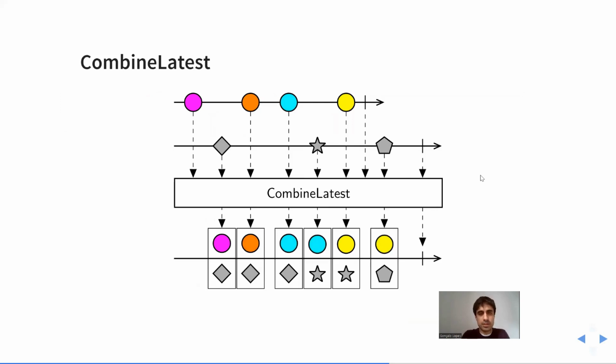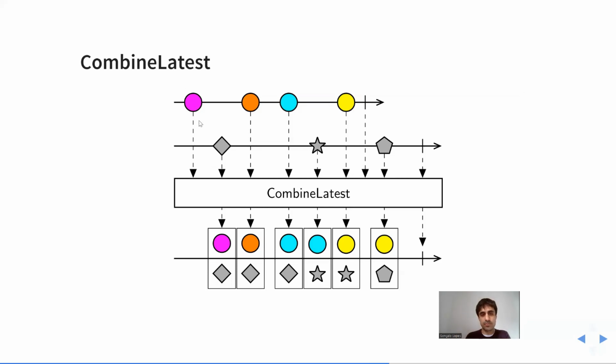Now, the complement in time of zip is combine latest. As I was saying, the complement of zip is that it doesn't care so much about the order, but cares more about the timing of the elements arriving in combine latest. And you can see now that it's the same as zip. It makes pairs on the output sequence, but now the basis for making a pair is just proximity in time.